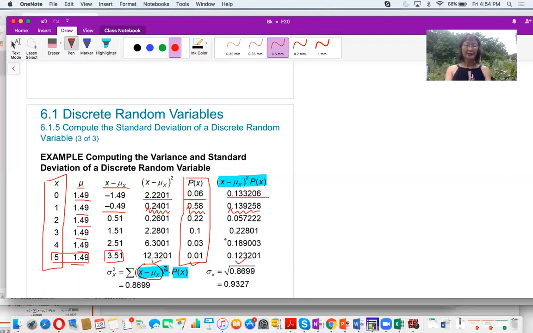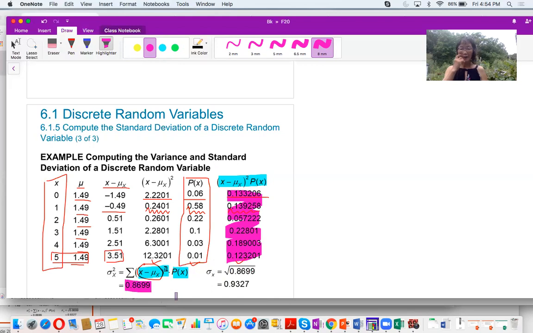Finally, you have to add all these values together. See this sigma? Sigma means add them together. You get 0.8699.